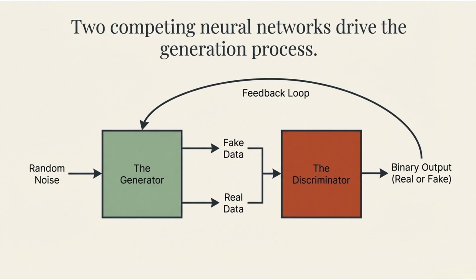These two neural networks work against each other. The generator tries to create fake data that looks real. The discriminator tries to identify whether the data is real or fake. Through this competition, both networks improve over time. Eventually, the generator becomes so good that the fake data looks almost identical to real data.